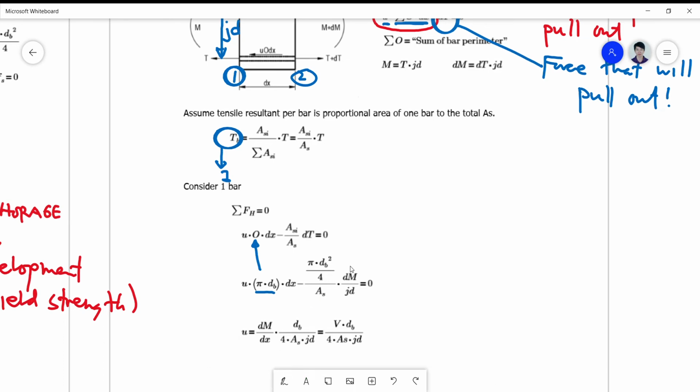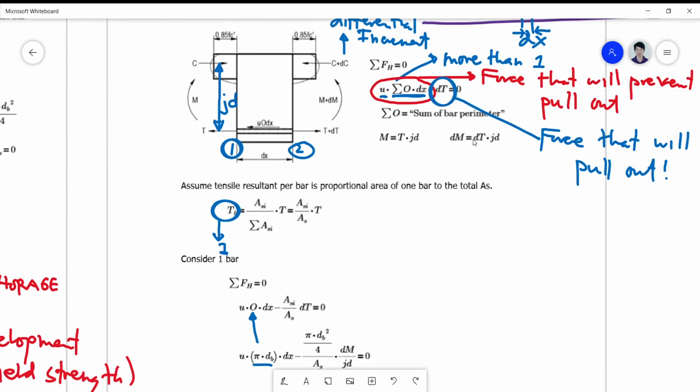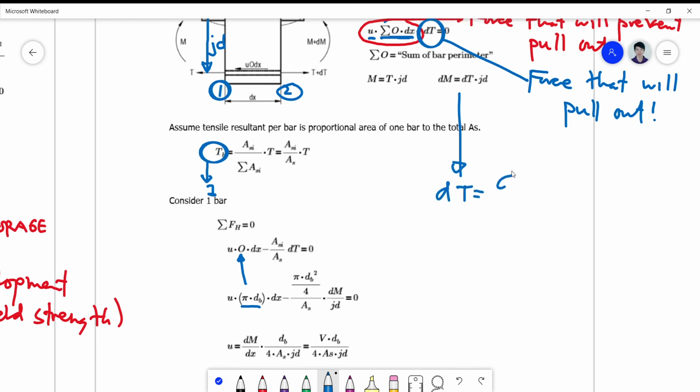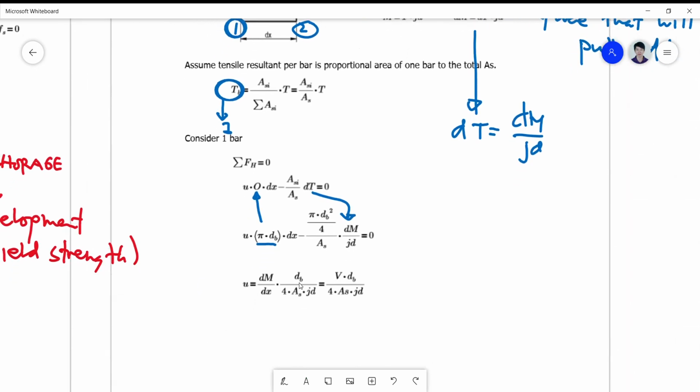Where did this come from? It came from here: dT is dM over jd. So this is now your dT there.